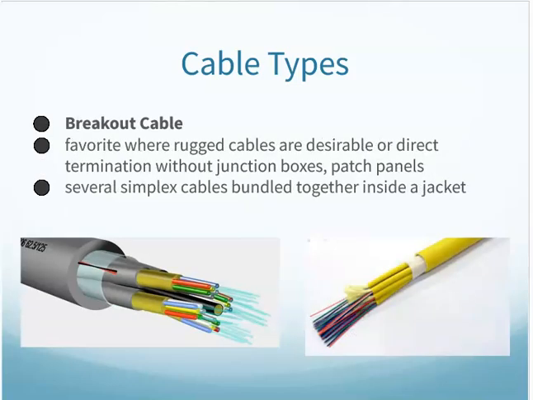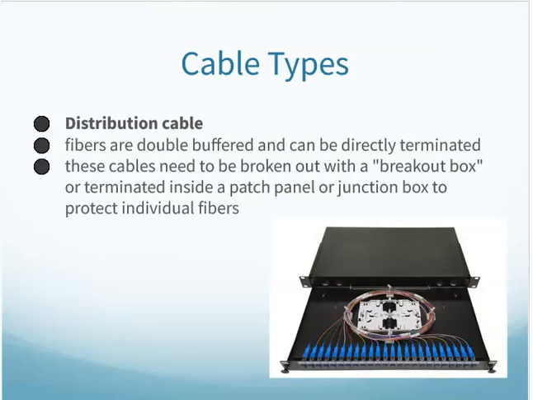And here's your breakout cable. These tend to get used for, it's a rugged cable design that can be terminated without worrying about junction boxes, patch panels, etc. Or the protection of these breakout boxes, they don't have to worry about those.